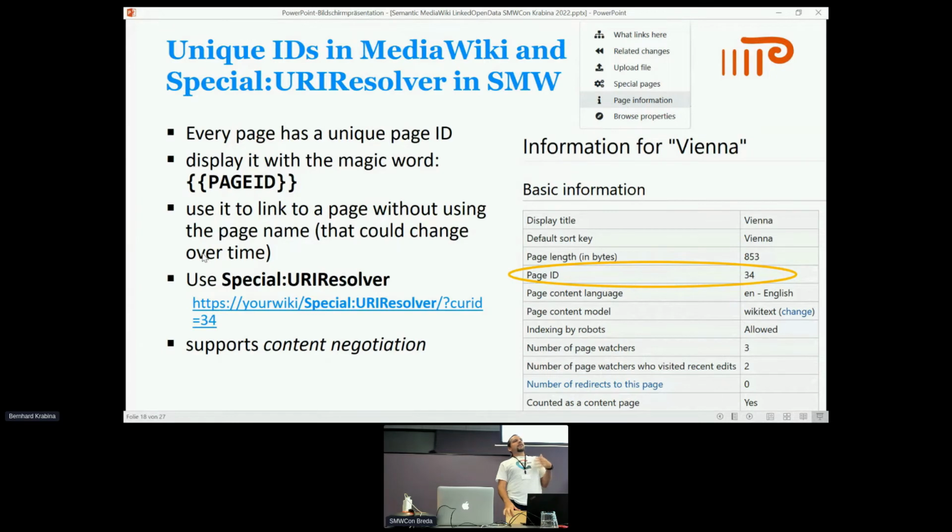Content negotiation basically says if you are on the command line and you ask this URI resolver for cur ID 34, it will by default give you back what you would get in a browser, the HTML representation, so your wiki page. But you can say, I want this page as RDF, and it would give you back the RDF. So if you want to crawl all the pages and have the RDF representation, you can do it with this.